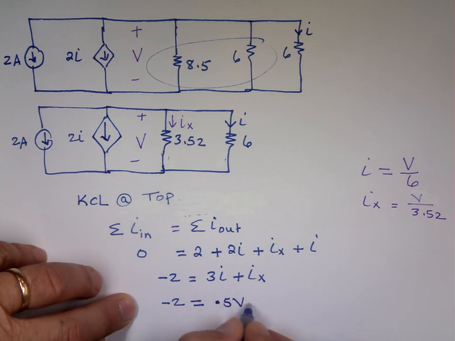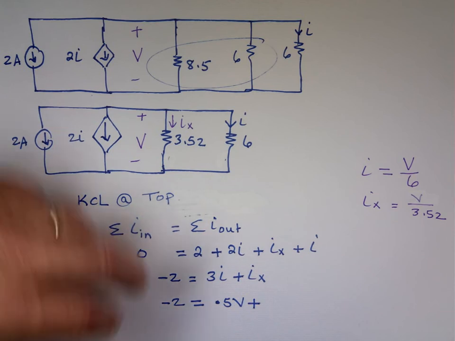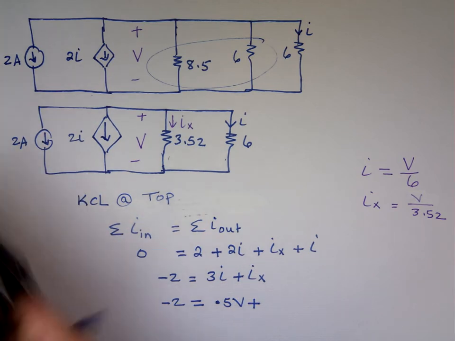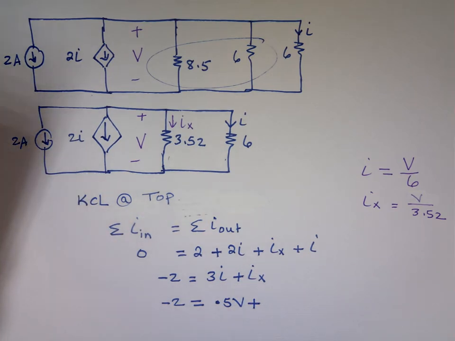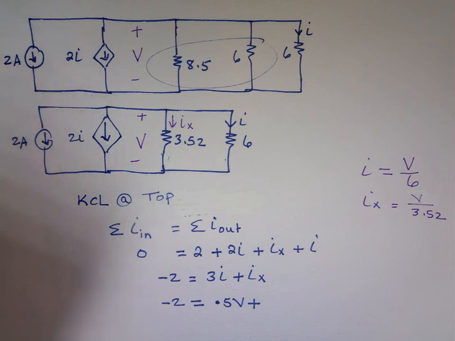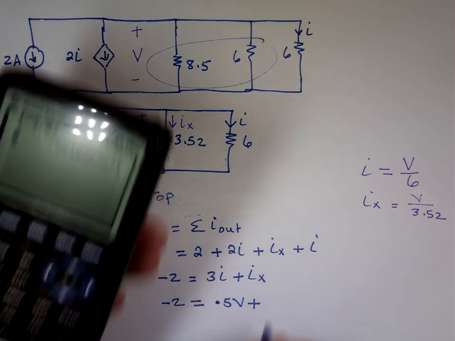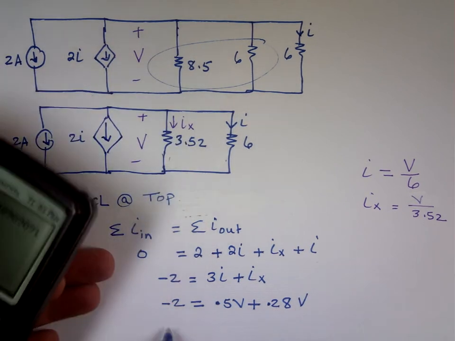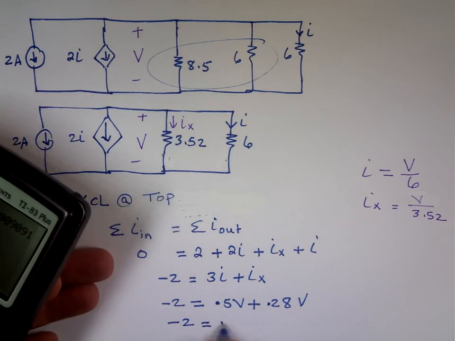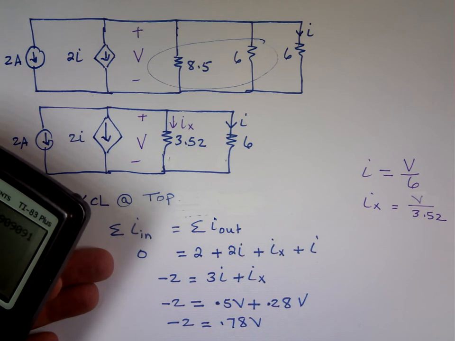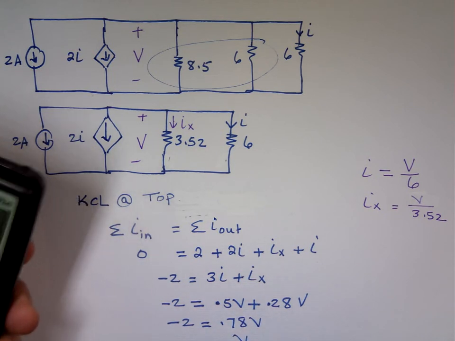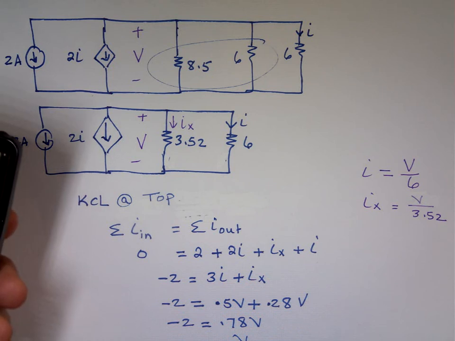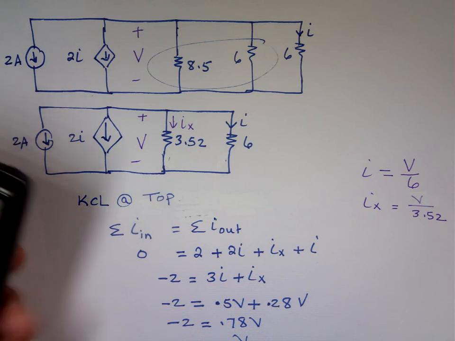Plus I sub x. What is 1 over 3.52? I have a calculator, why kill myself? 0.28. Negative 2 equals what? 0.78 V, and V equals negative 2.56.